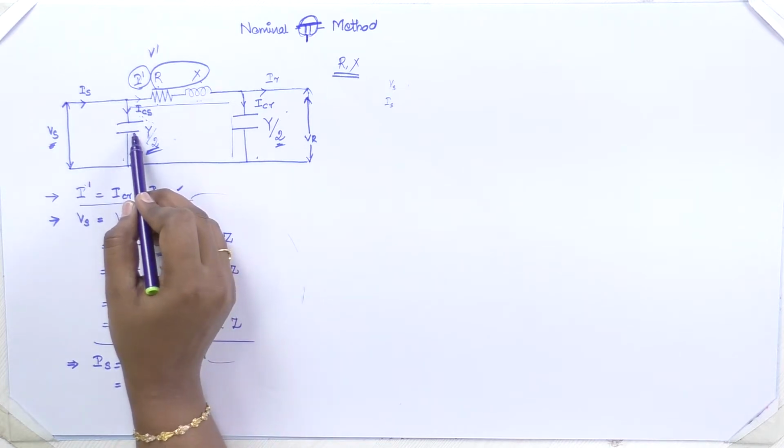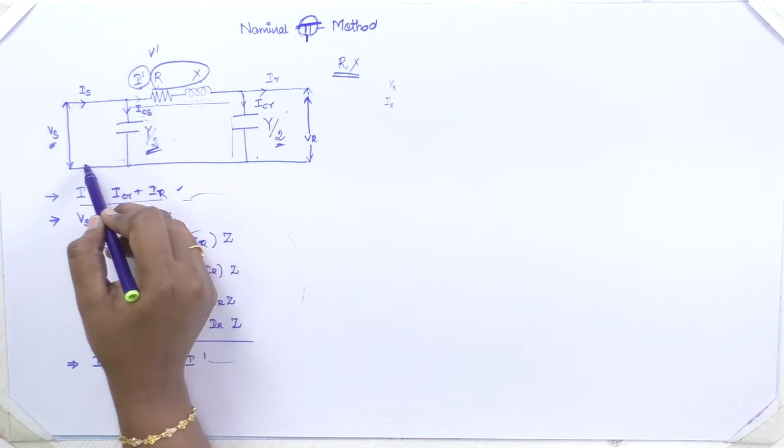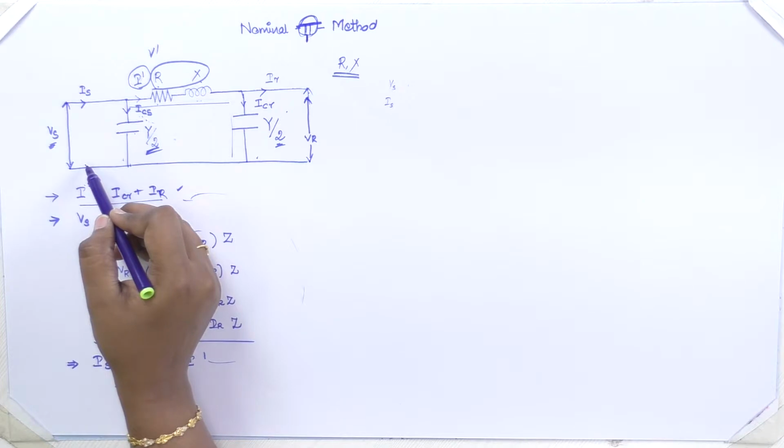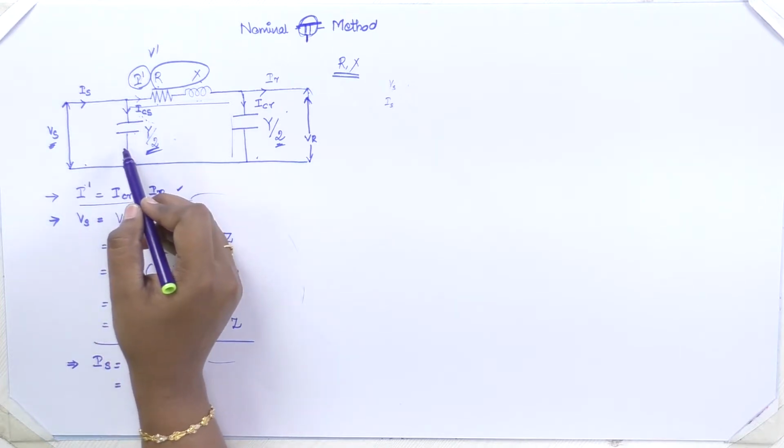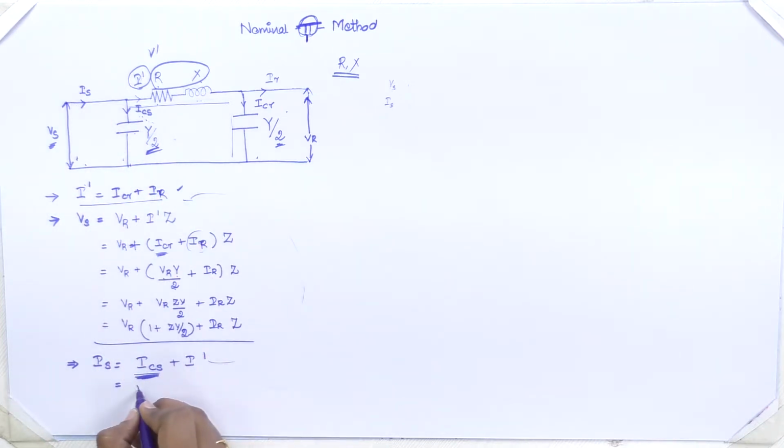So similarly for ICS the voltage across that is Vs, so Vs into Y by 2 plus I dash. What is I dash?